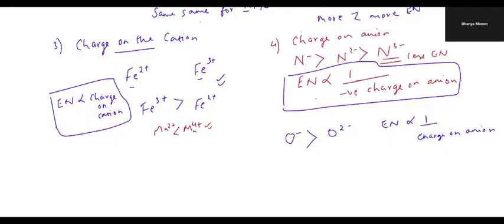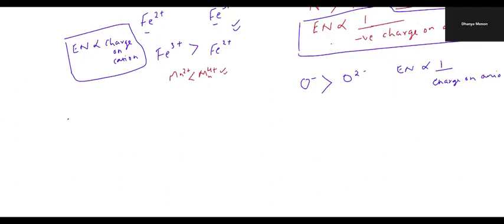Now coming to the fifth one, which is hybridization. I know it's a new term. Hybridization is a term that we will be learning in our next lesson, on bonding. For now, please remember there are three types of hybridization that you have to learn: SP, SP2, SP3.